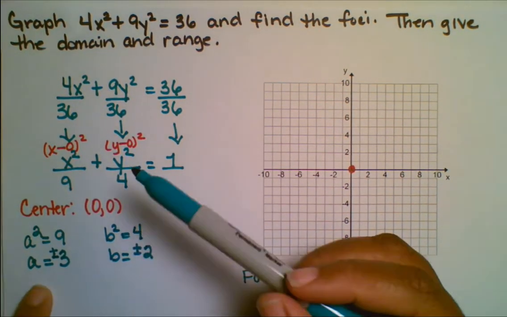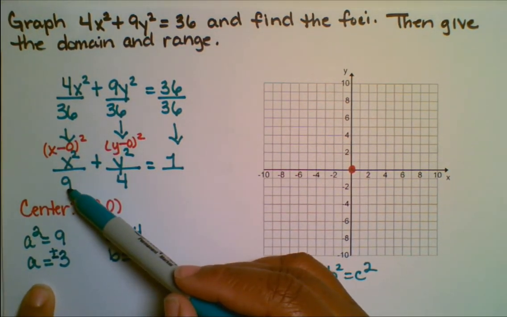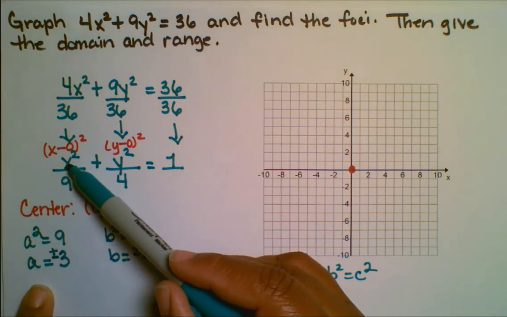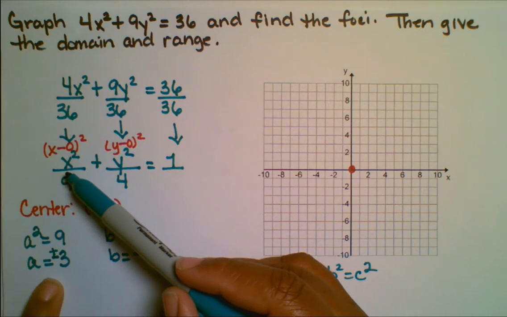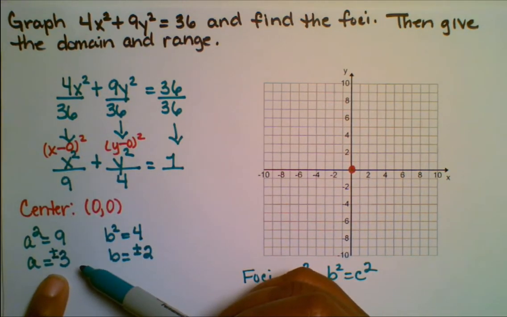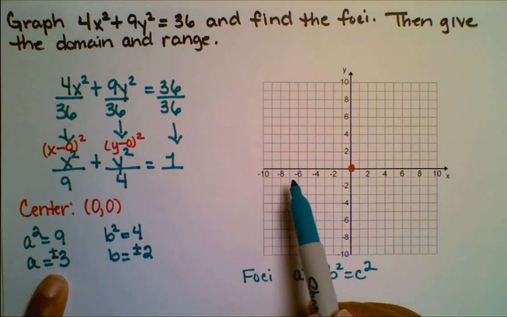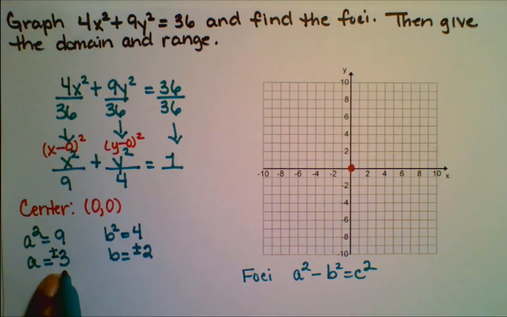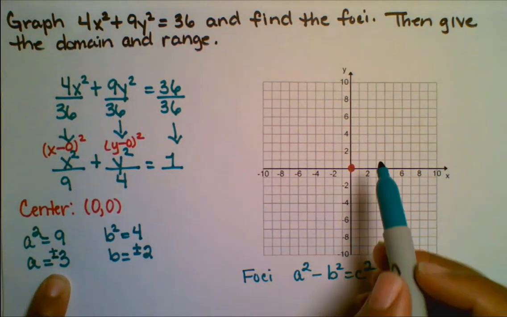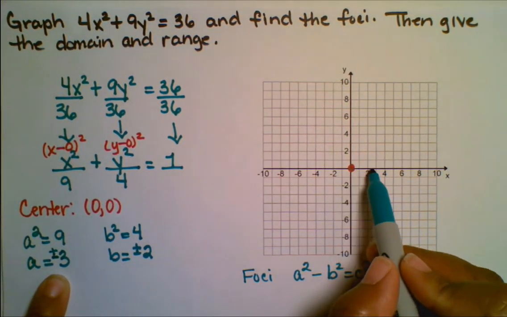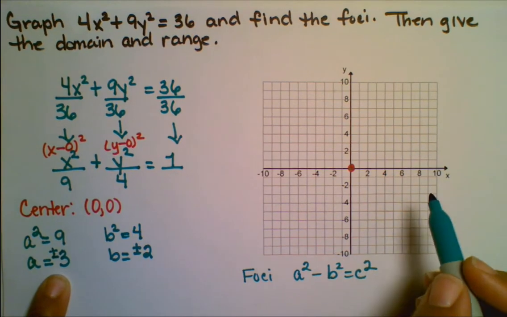Now since our 9 is paired with the x squared, this is the easiest way that I could show you. What we're going to do is take a and move along the x axis that number of units. So we're going to move from the center 3 units to the left, 3 units to the right.